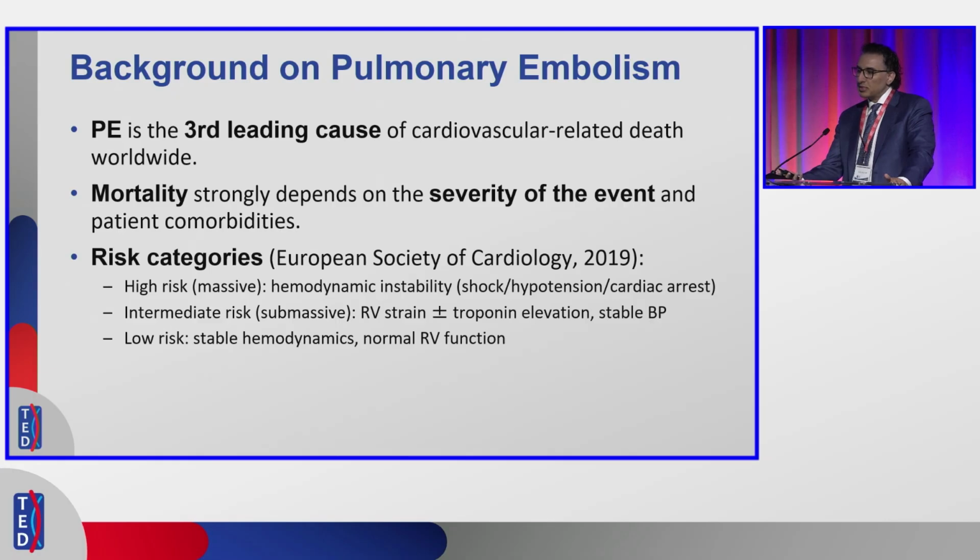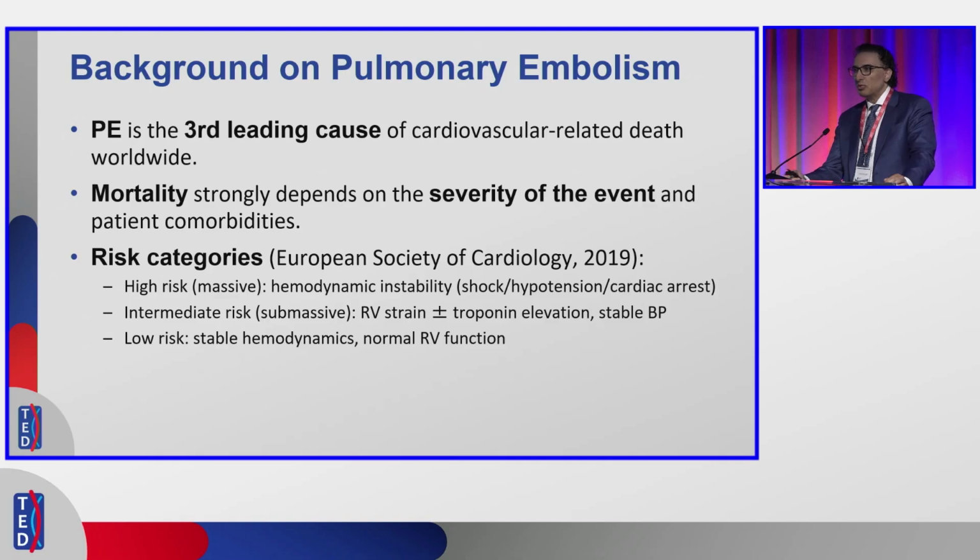Basically, the severity of PE is divided into three categories: high-risk or massive PE, where there's hemodynamic instability, shock; intermediate-risk or submassive PE, where there's evidence of right heart strain, most commonly diagnosed on CT scan, and we can see it on echocardiogram, with elevation in troponin levels and pro-BNP; and then low-risk patients that have stable hemodynamics and normal RV function.